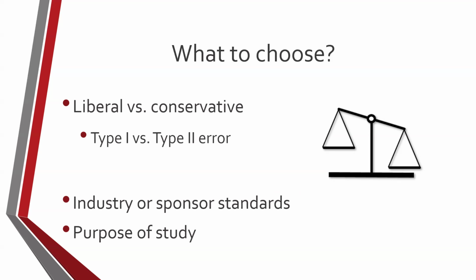However, if you're doing a screening trial, that's all about potential. And so a more liberal test would be preferred in that case, because any false positives would just get weeded out in future studies. You're just looking for the maybes, the potential of things. So you could be much more liberal in that case.